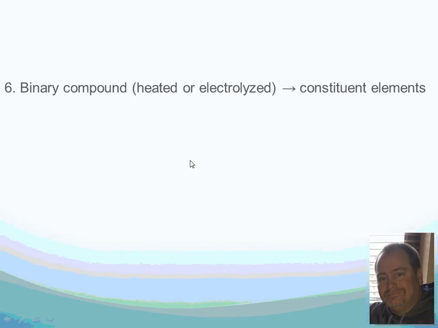Way back when. Now, the last one's probably the easiest, I think. The last one is the easiest because it takes a binary compound, heated or electrolyzed, to give us our constituent elements. That just means to give us our two elements. So, here I've got mercury.